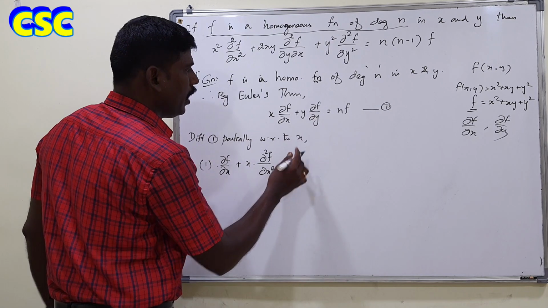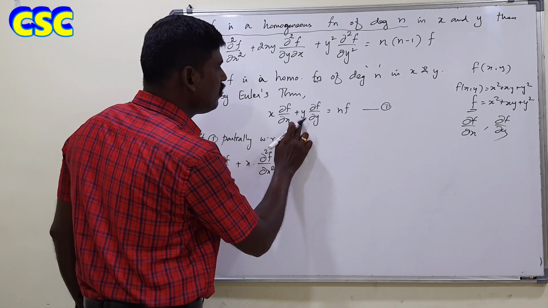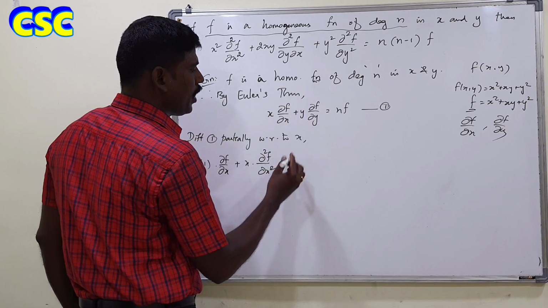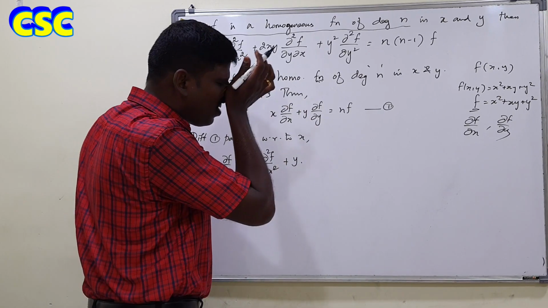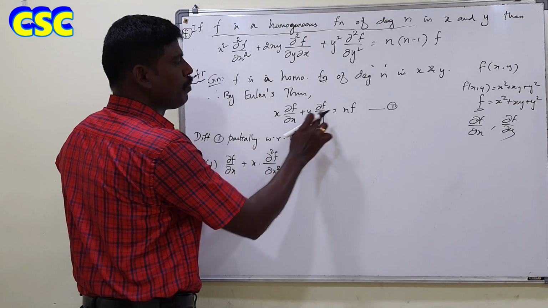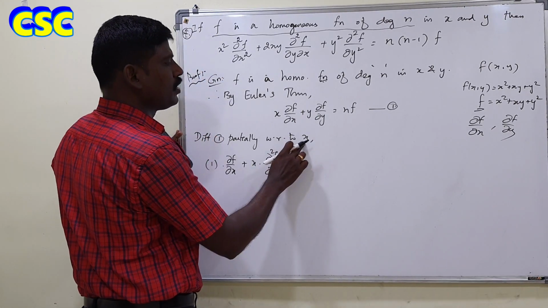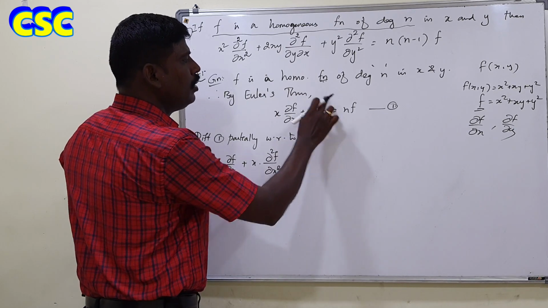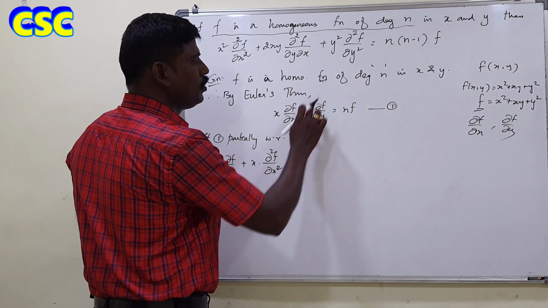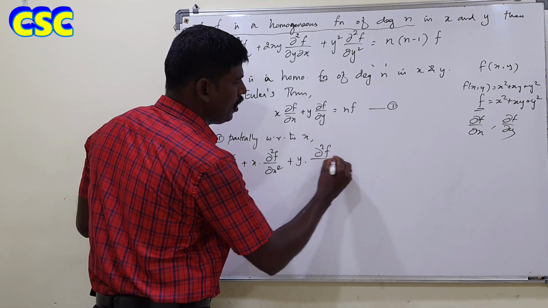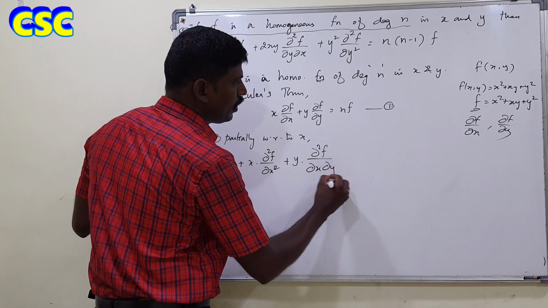Therefore, you can treat this y as a constant term, but it is in a product, so there is no problem. We keep it the same. It is in a product, so we differentiate partially with respect to x. So y is a constant term and we keep it the same. Taking the derivative with respect to x, dou f by dou x with respect to x means dou square f by dou x dou y, right?